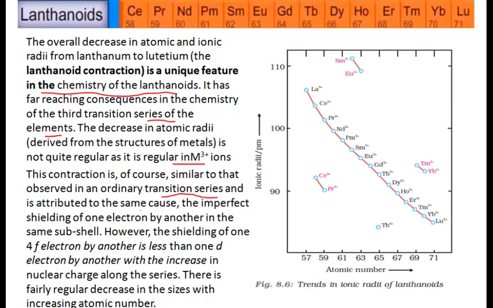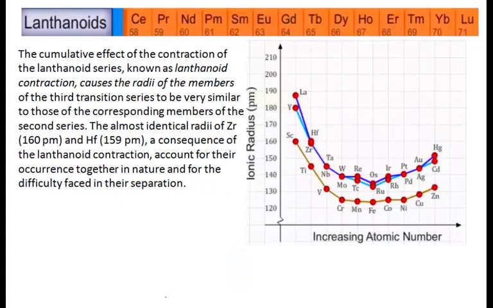The reason was the same, the imperfect shielding of one electron by another in the same subshell. However, the shielding of one 4f electron by another is less than that of one d electron by another. As a result, there is a fairly regular decrease in size with increasing atomic number. Now we will move towards the consequences of lanthanoid contraction.